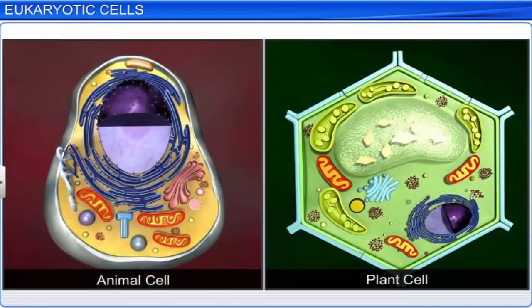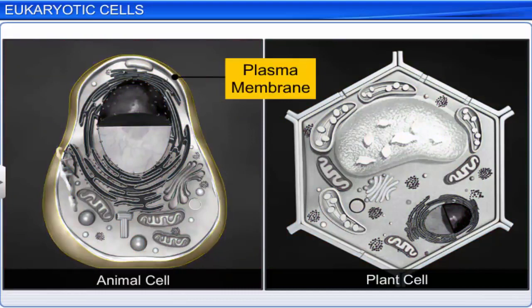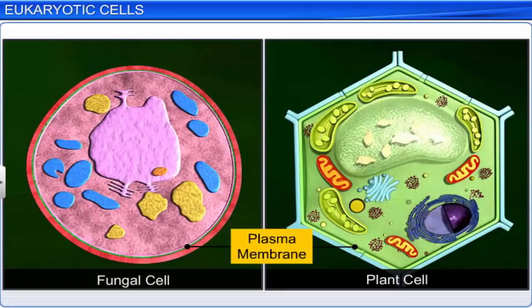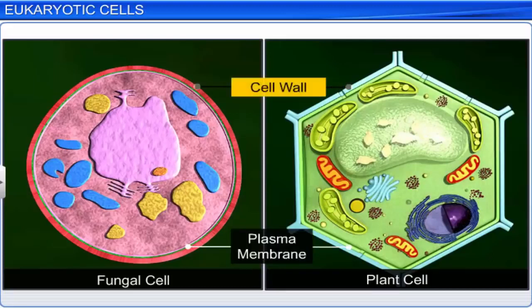Eukaryotic cells differ not only in their cytoplasmic organelles, but also in their structure. Take, for instance, animal cells in which the plasma membrane forms the outer boundary of the cell. But in fungi and plant cells, the plasma membrane is covered by a cell wall, which forms the outer boundary.